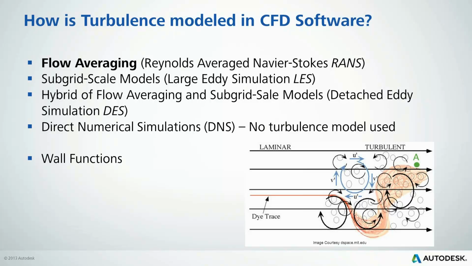Typically those eddies are assumed to be an equal length scale. In the picture in the lower right-hand corner, you can see we have larger eddies followed by smaller eddies that circulate within each other. You wouldn't see any of those flow patterns, for the most part, within a flow averaged analysis.